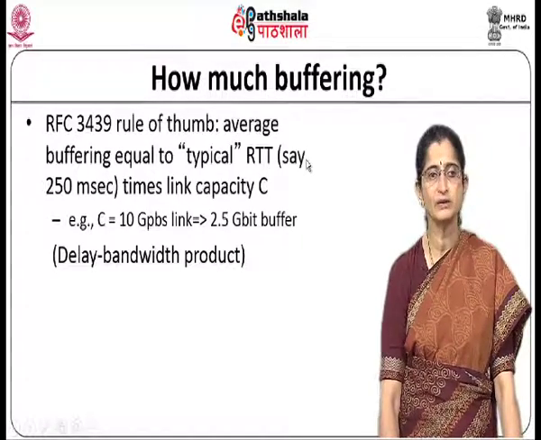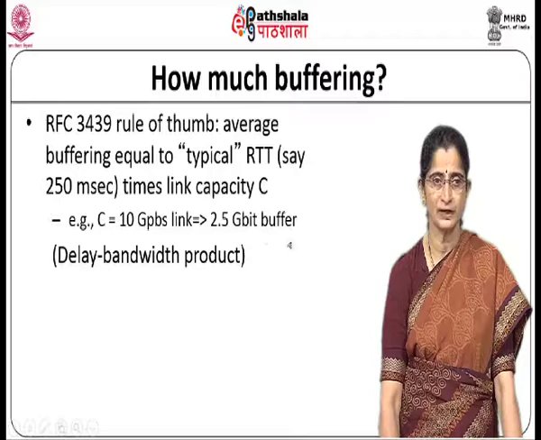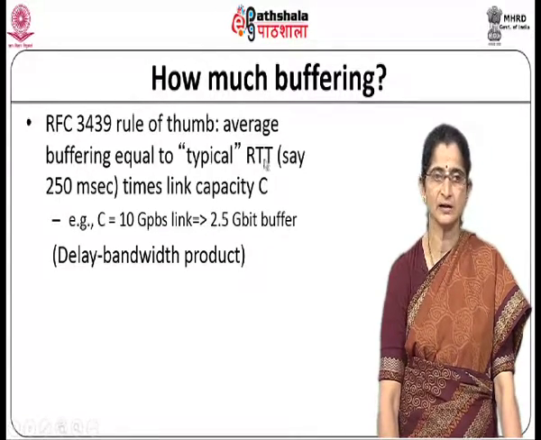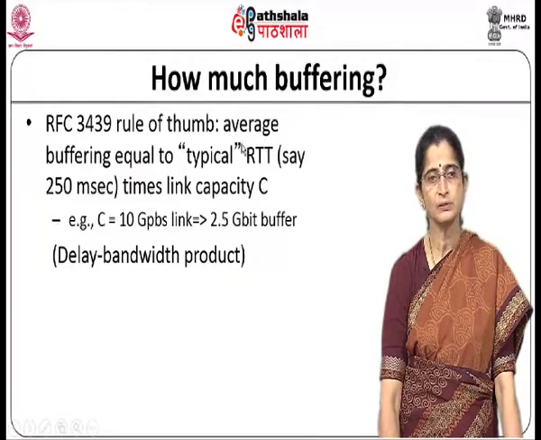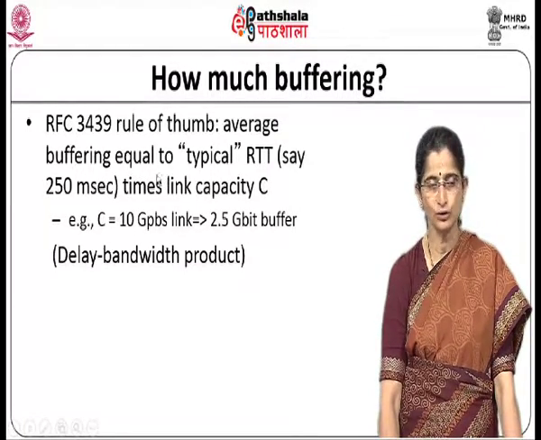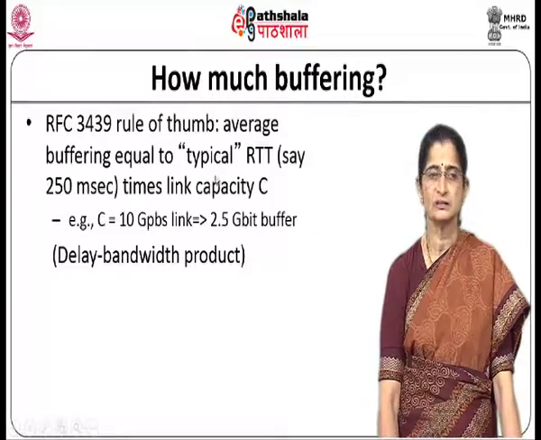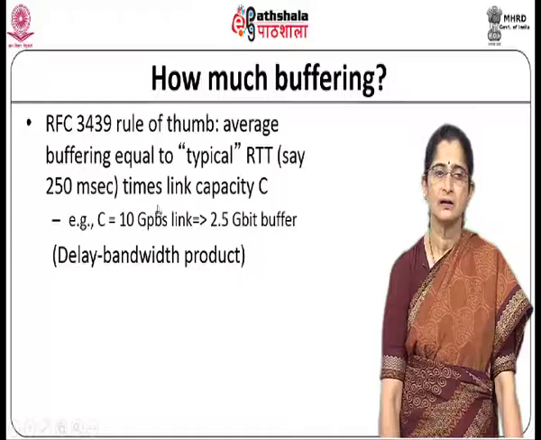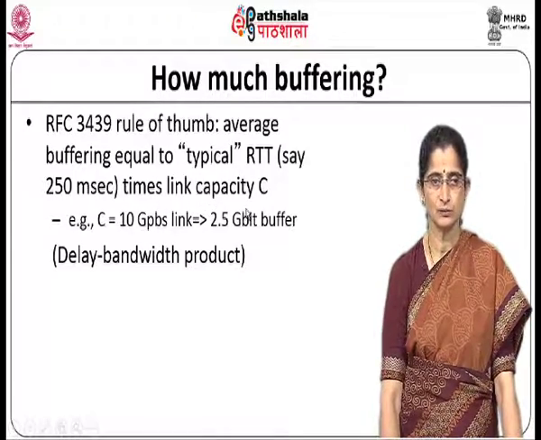So, as I said, this is normally determined based on characteristics of the network, and the typical characteristic that we look at is the RTT, the round trip time. Okay. So, normally the average buffering is set as a rule of thumb to be equal to a typical RTT, let us say approximately 250 milliseconds multiplied by the link capacity C, whatever is the link capacity.